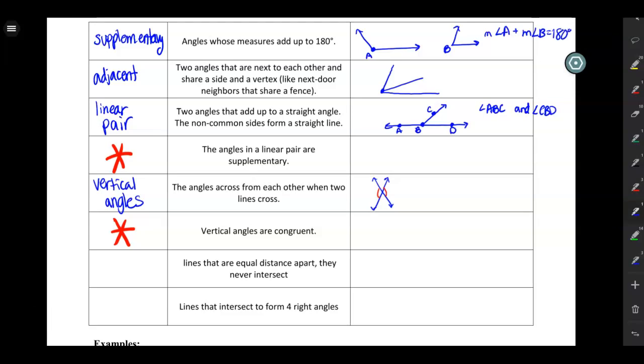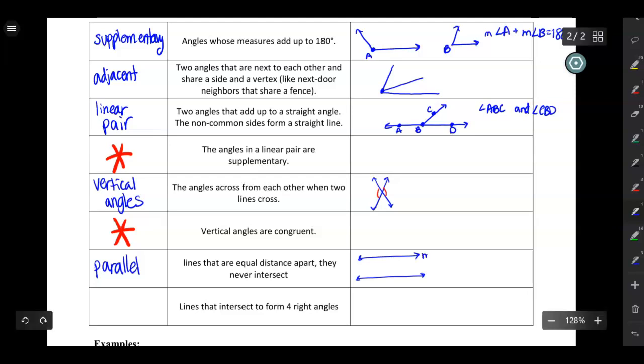Okay, so we've talked a lot about angles and the relationship between angles and some vocabulary words to use there. Let's talk about some relationships between lines. Parallel lines are equally distant apart and they never intersect. They never touch each other. Let's just say I have these two lines and they're parallel to each other.